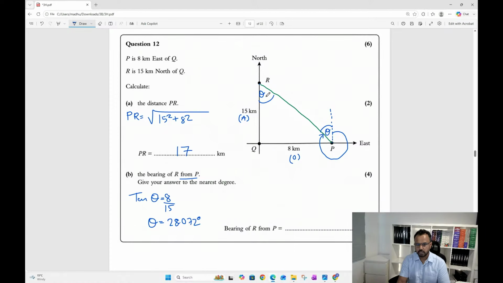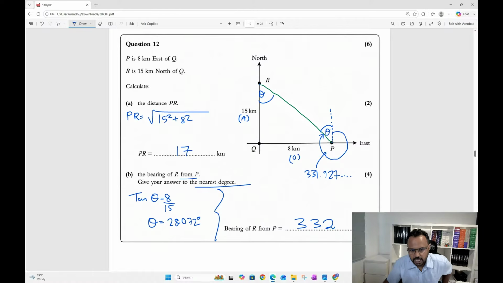If that's 28.072, so is this. So what do I need to do? 360 degrees, take away the answer. I get this angle as 331.927... Nearest degree, 332. You got 332, guys. Can I see? Right. A lot of you assumed 270 and all that. No. You got this one, 332.